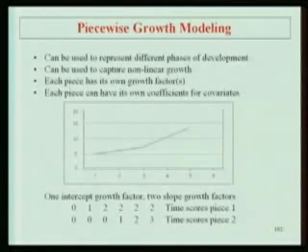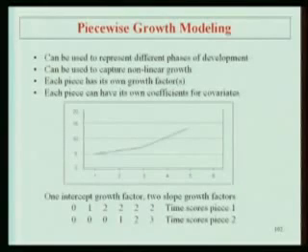So you can represent different phases of development by different pieces of the model. This is one way of capturing nonlinear growth, and each piece has its own slope growth factor.